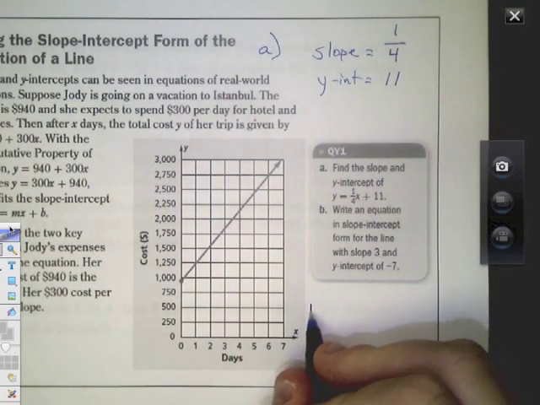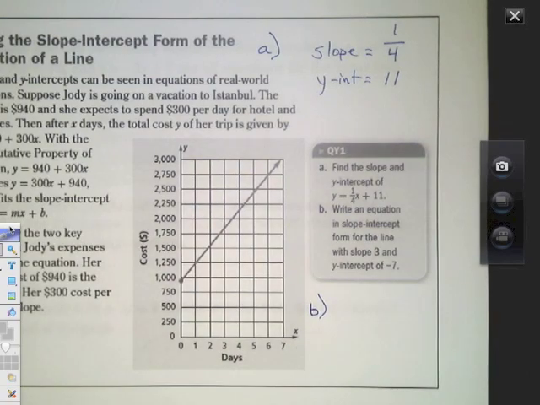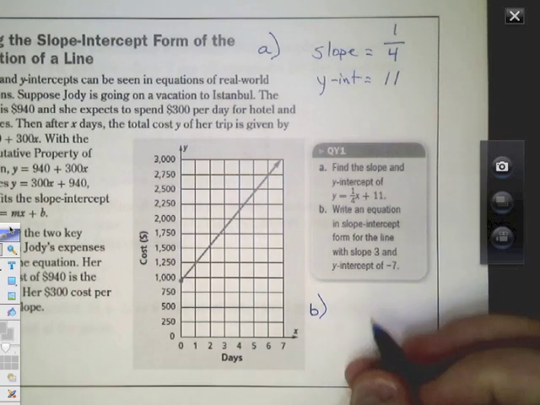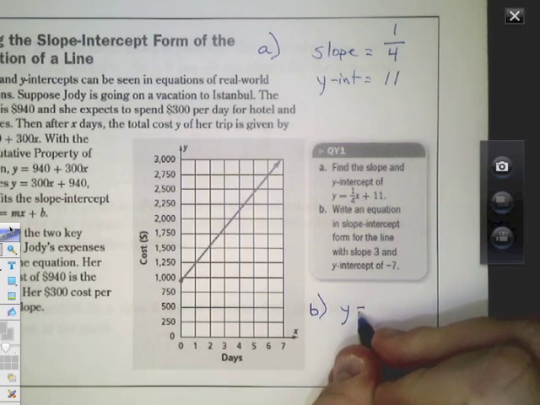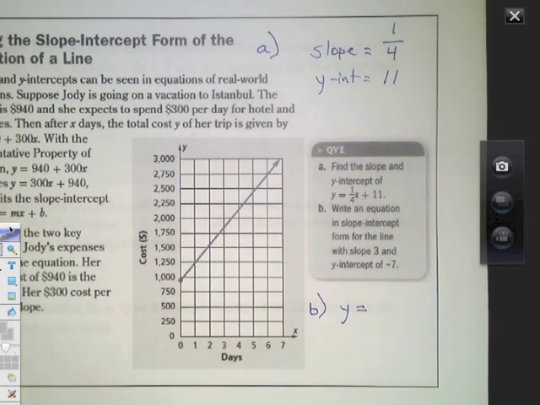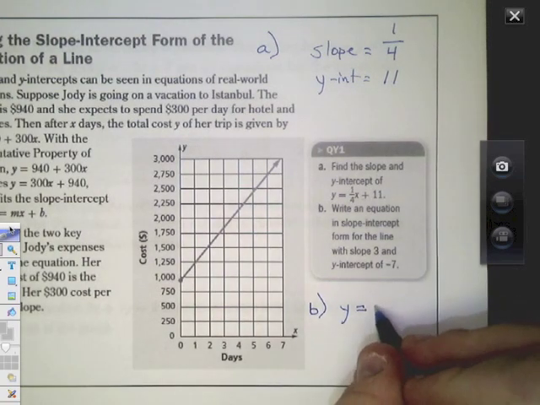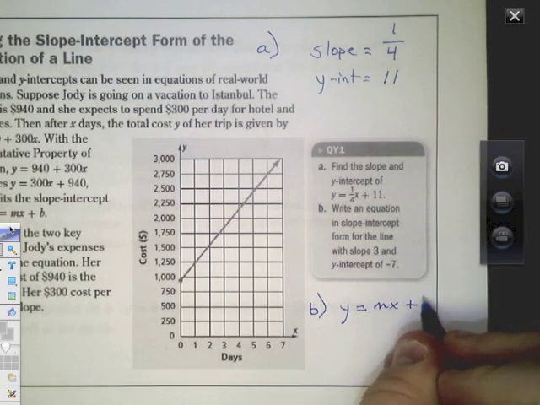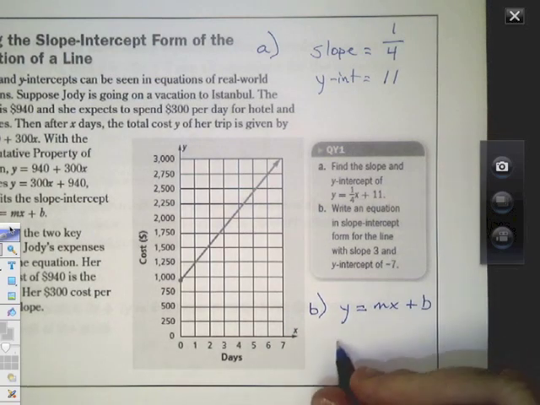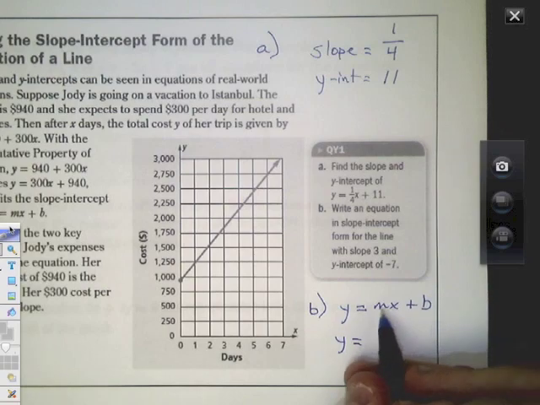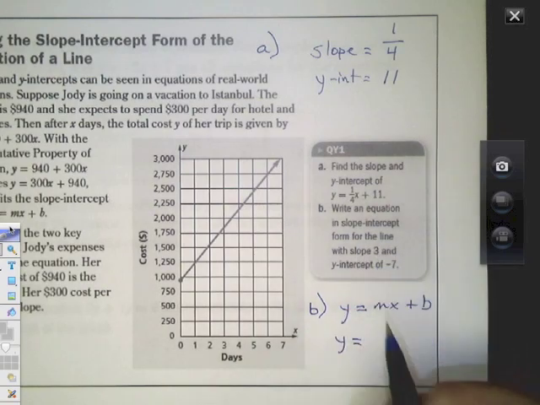B says, and I'm going to do B down here, write an equation in slope-intercept form for the line with slope 3 and y-intercept of -7. Well, I need my y equals, and then what goes here, remember it's mx plus b, m is my slope, so y equals, m is my slope is 3.